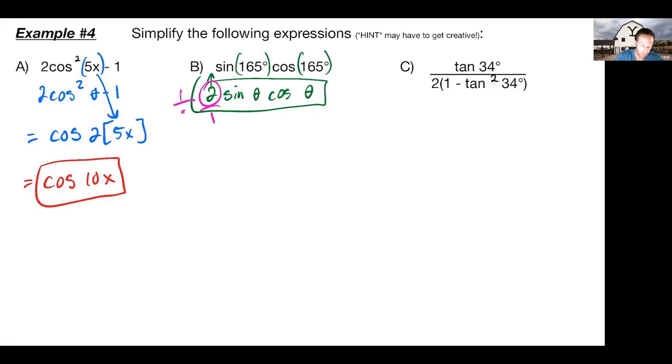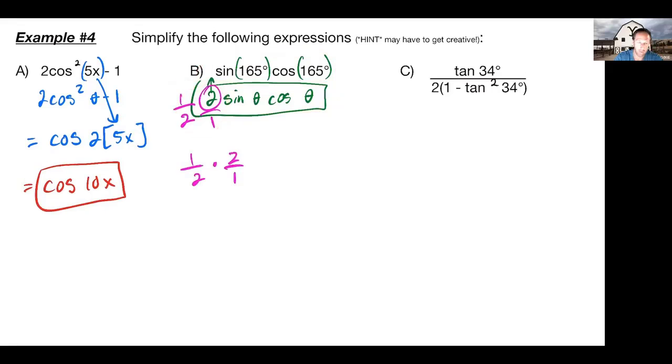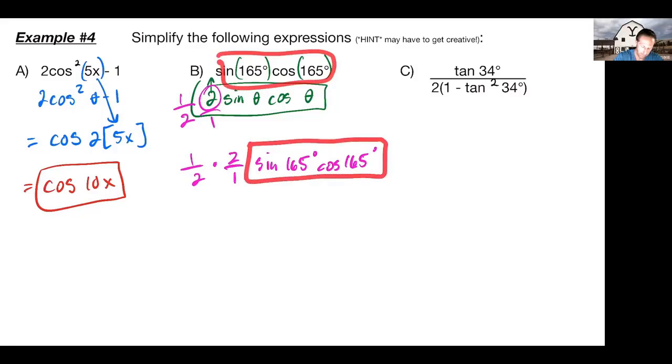Well, that would be what is called its reciprocal, because we know that half of 2 is 1, and 1 times that will stay that. I'm going to rewrite this as 1/2 times 2 times my sine of 165 degrees cosine of 165 degrees. So hopefully you can see I still have exactly what they originally gave me. And then this right here is just a funny looking 1.